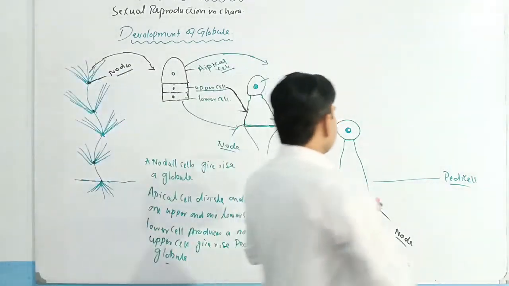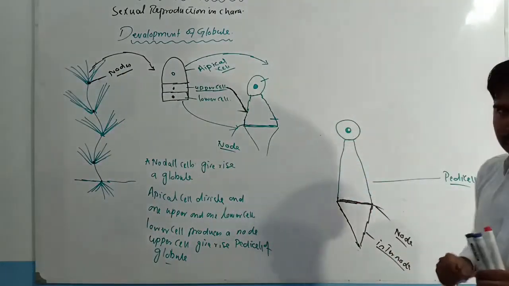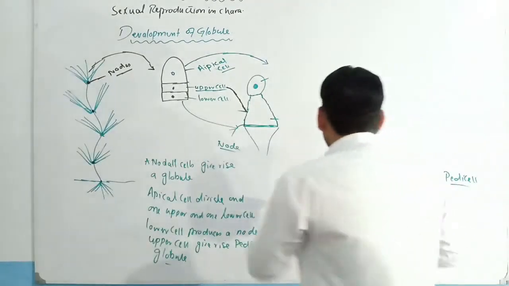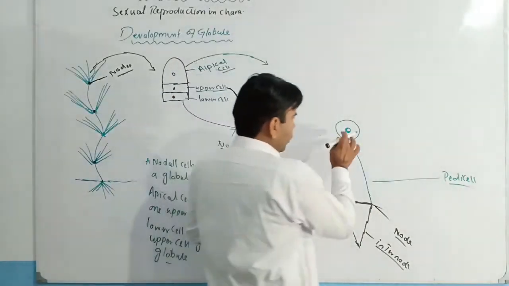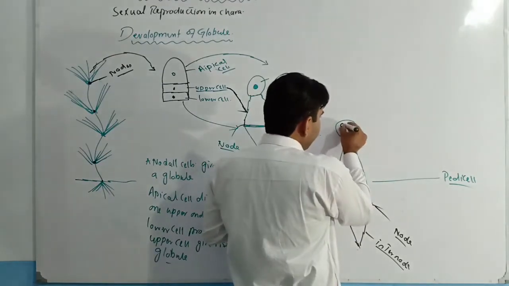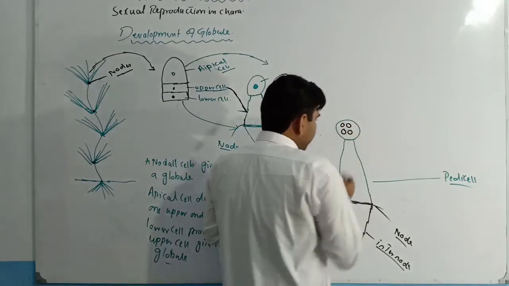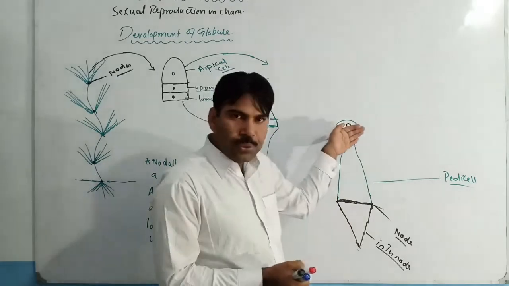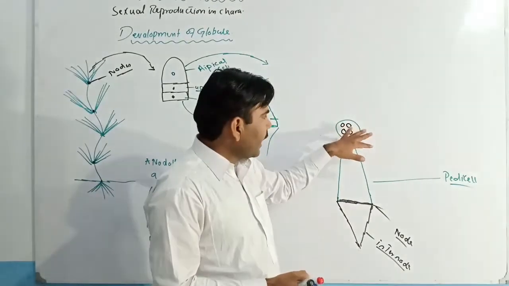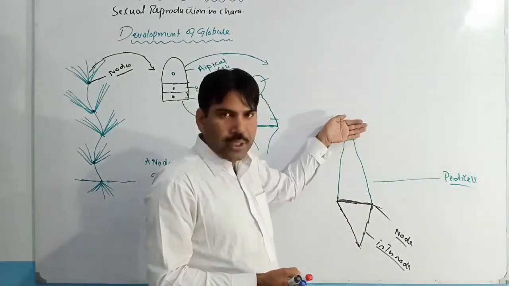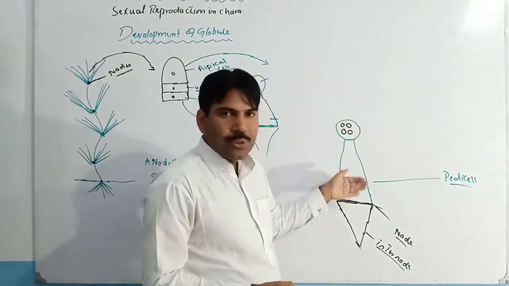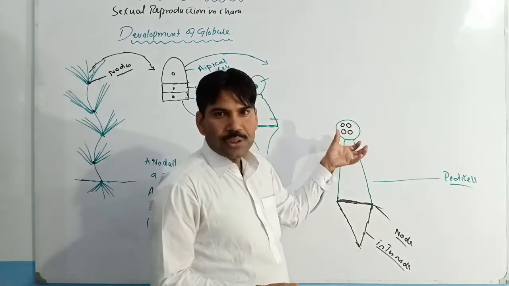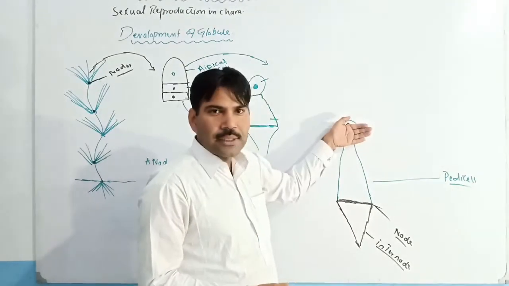This apical cell divides here and produces 8 cells. It means octet. So these are 4 cells and 4 cells, and the second set of 4 cells is present on the lower side. Apparently these look like 4, but actually beneath these 4 cells another 4 cells are present.